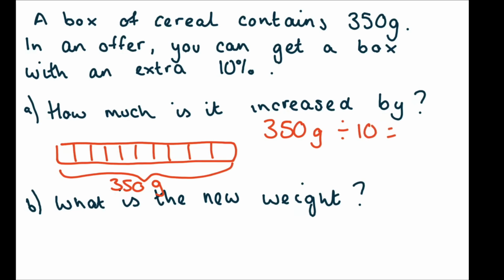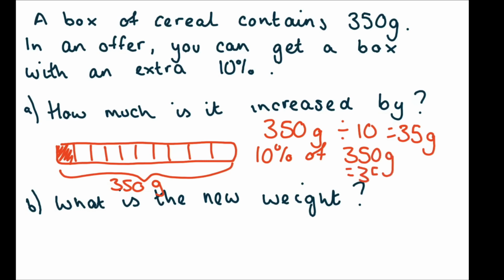And that gives me 35 grams. So each of my boxes is worth 35 grams. Now I just want one of these boxes, so I can just say 10% of 350 grams equals 35 grams.